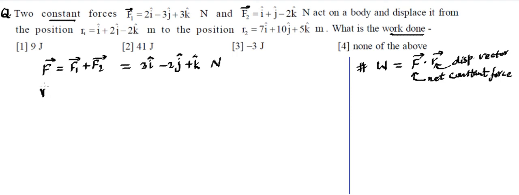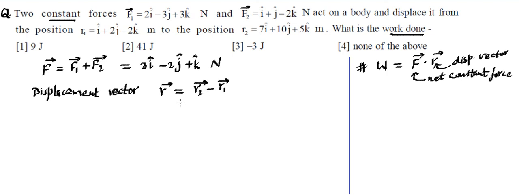Then we need to find the displacement vector. We have just solved a question on the displacement vector. Mind it, here we are finding the vector itself, not the magnitude. So the displacement vector is the R vector. It is written as the position vector of the final, minus the position vector of the initial, which is R1. So final position minus initial position is the displacement. Now this is final, this is initial, we need to subtract.